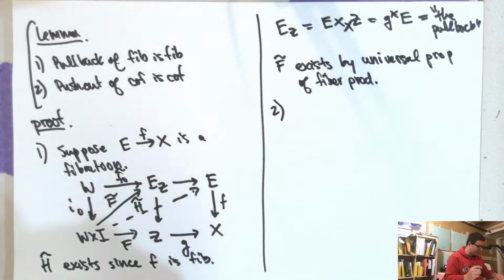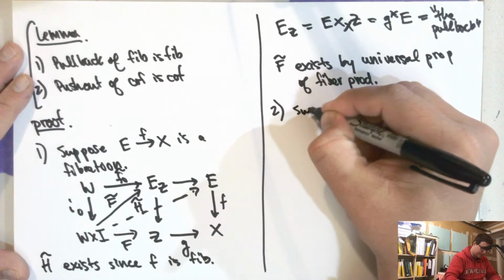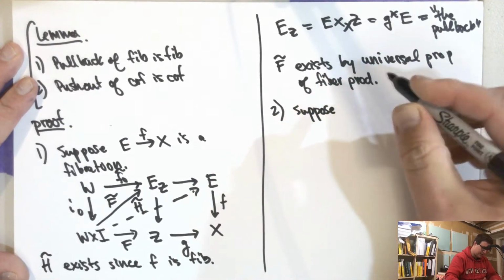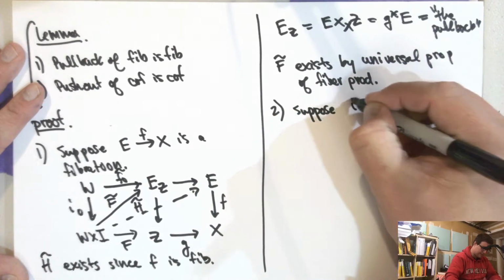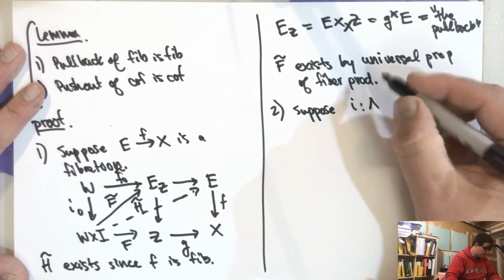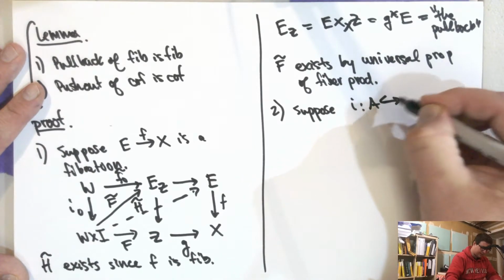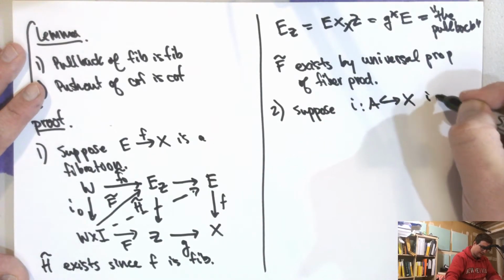Similarly, we'll do the same thing for the pushout diagram. So what is the pushout diagram? Suppose that i from A to X, this inclusion, is a cofibration.